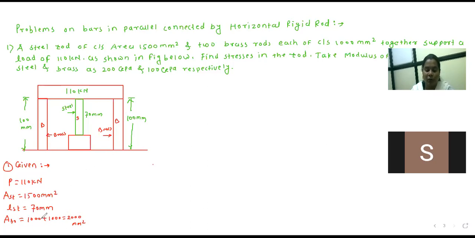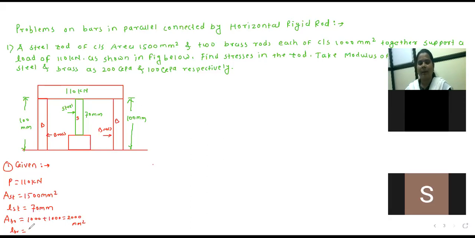So total area is equal to 2000 mm square. And length LBR, which is the length of brass material, is equal to how much? 100 mm.